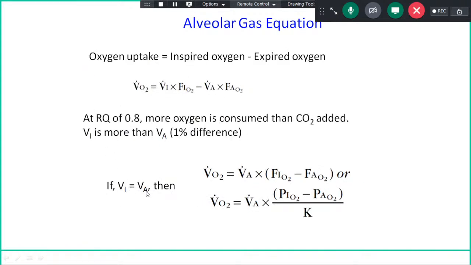That is, if Vi, the inspired volume, is the same as the alveolar for the oxygen, then you will have this relation: Va into FiO2 minus Va into the fractional concentration, and the fractional concentrations, as I said, are directly proportional to Pi, that is the partial pressure.